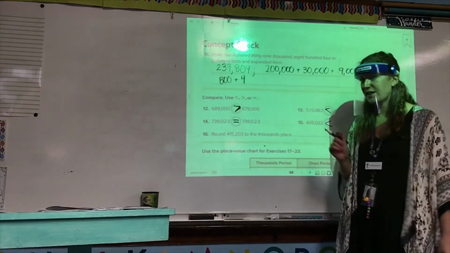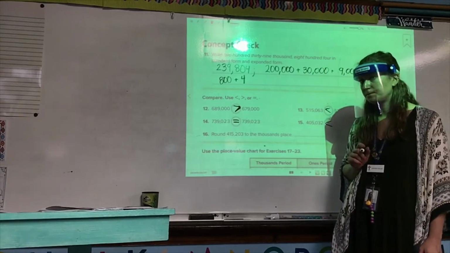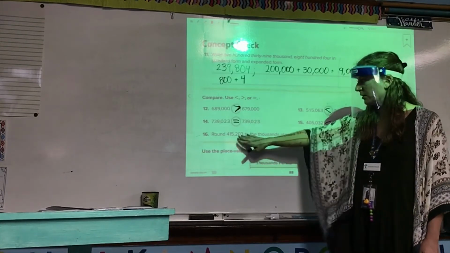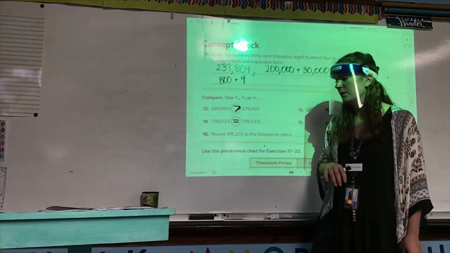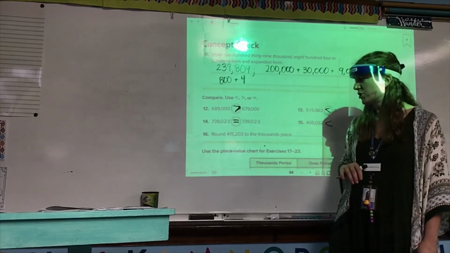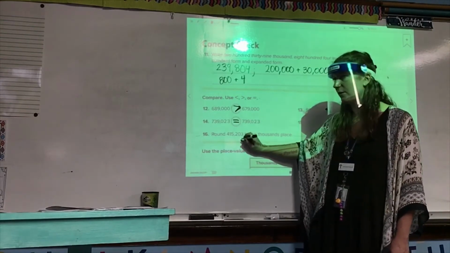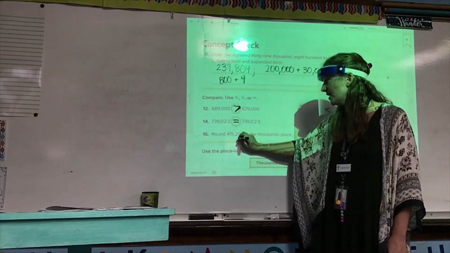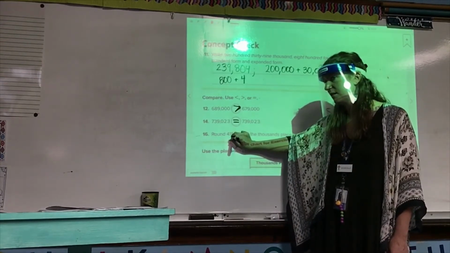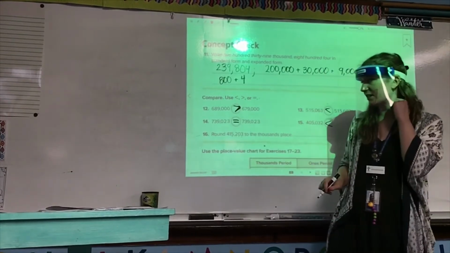Which digit is in the thousands place, Kingston? We're on number 16. Remember, we can figure it out by starting on the right and naming places: ones, tens, hundreds. What digit is in the thousands place?